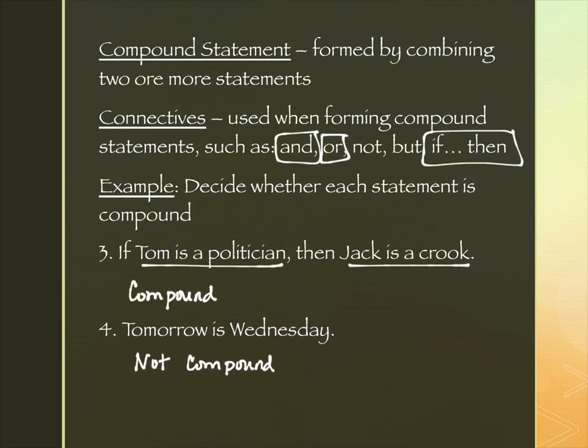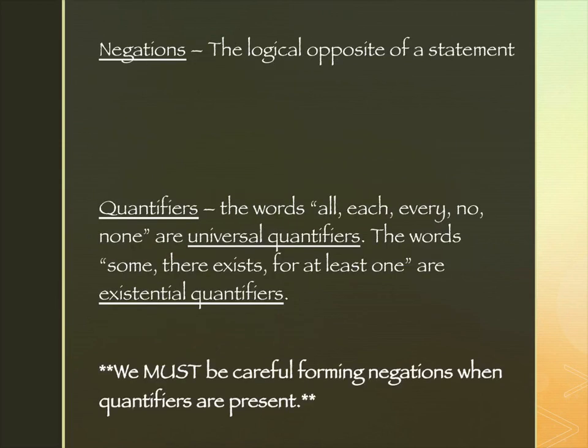Okay, now I mentioned the word not above, right? The word not can be a connective, but we also see this sort of an idea of something being not or no, and the opposite of something showing up in something called a negation. So a negation is the logical opposite of a statement. So I did a statement earlier that said, I ate cereal for breakfast.